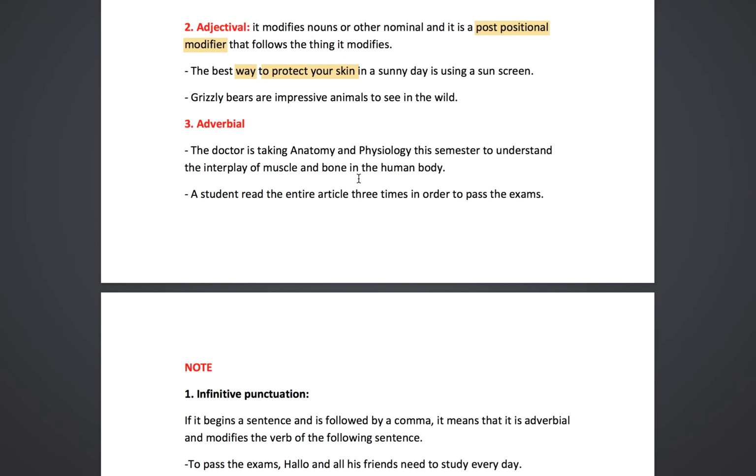Grizzly bears are impressive animals to see in the wild. So here we have animals, which is a noun in a sentence, and to see in the wild is an infinitive phrase describing a noun. It's not a subject, but it's a noun in a sentence, so it's describing this noun, which is animals.